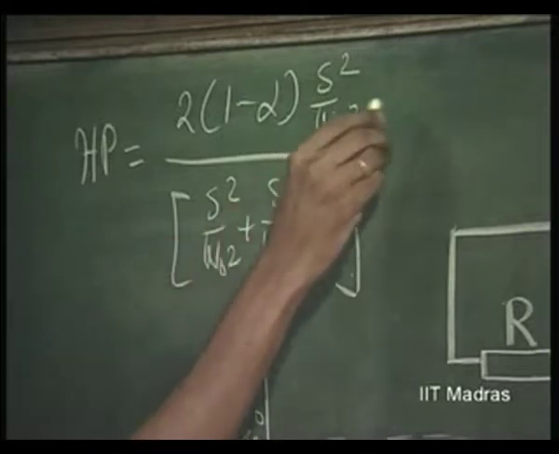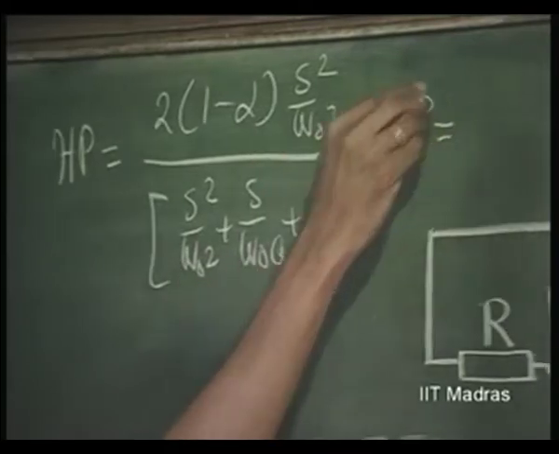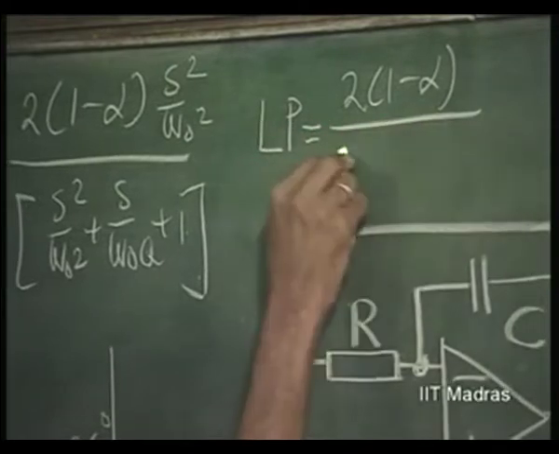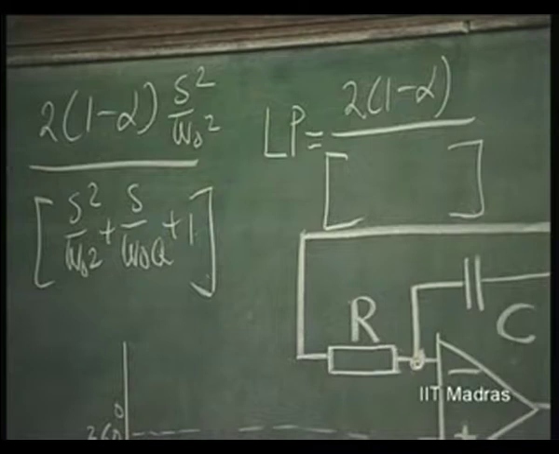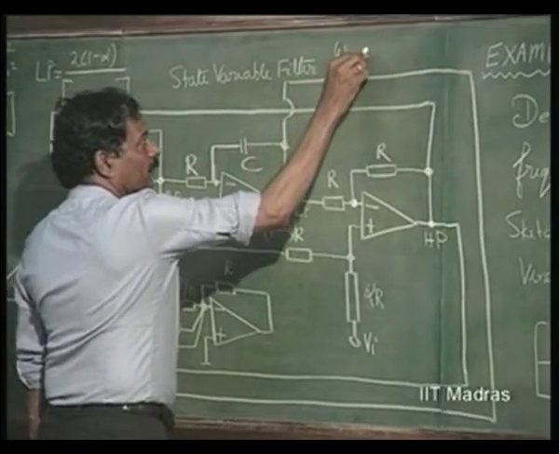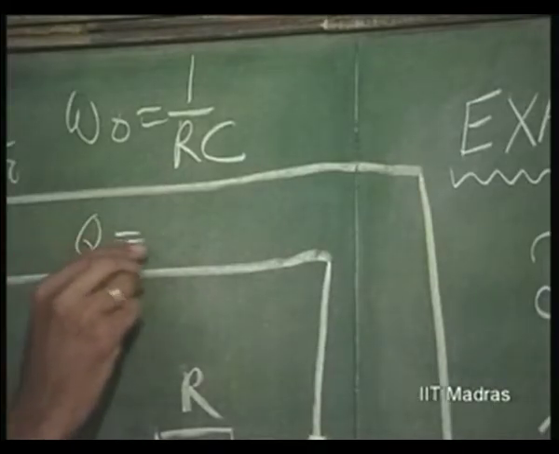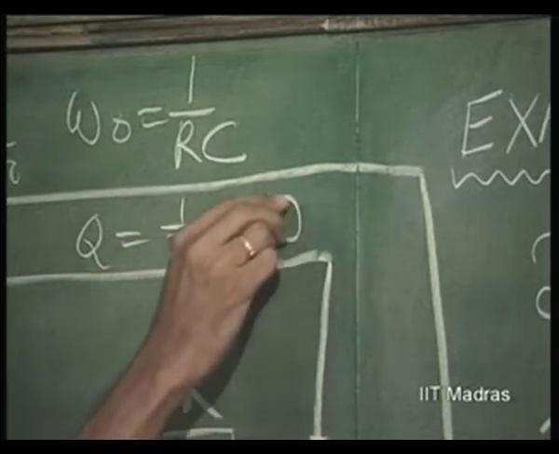This is high pass. Low pass is going to be 2 into (1 minus alpha) divided by the same denominator, where omega naught is equal to 1 over RC, this we already know, and Q is equal to 1 over 2 alpha. This is required to be made equal to 100.